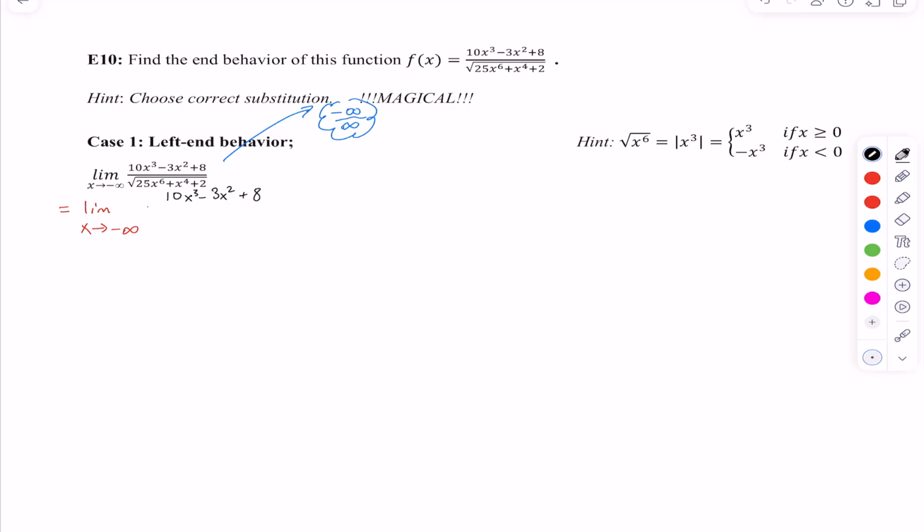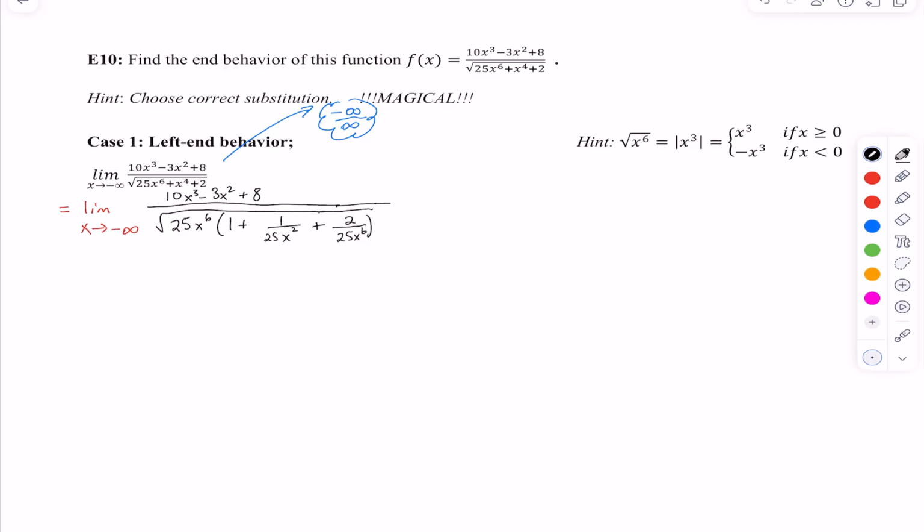Okay, we're going to try to factor out a 25x to the 6 and see what's left. And so there's the factored form underneath that radical.